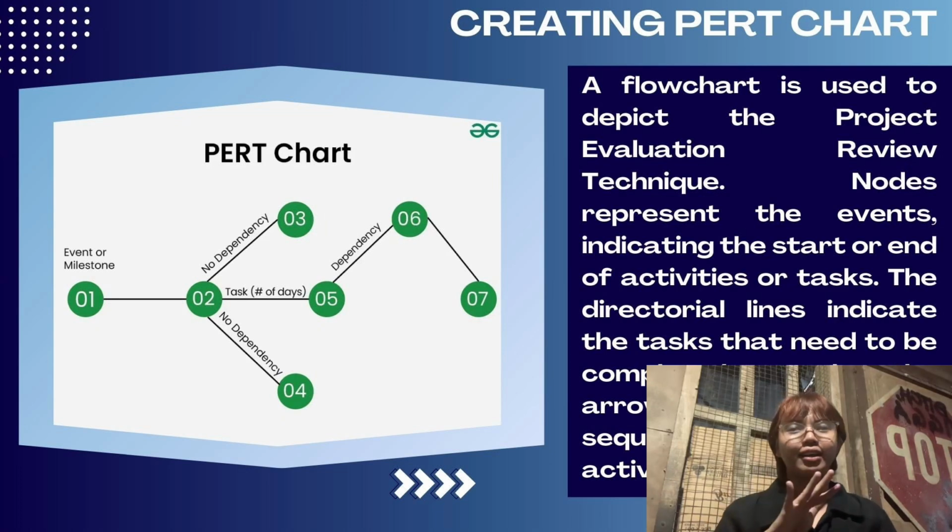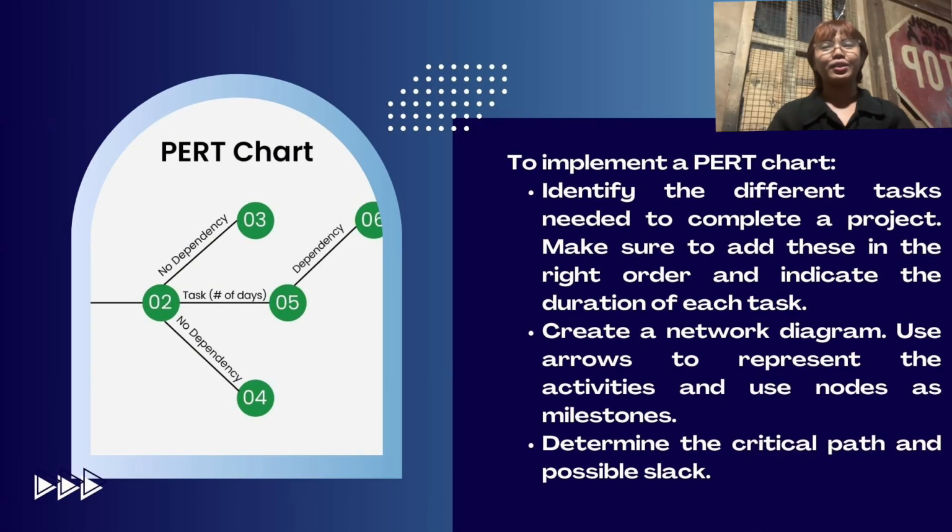So, moving on, let's go to the fourth slide. This slide provides the steps in implementing a PERT chart. First, it is very crucial to identify all the different tasks needed to complete the project. Make sure to add these tasks in the right order and indicate the duration of each task.